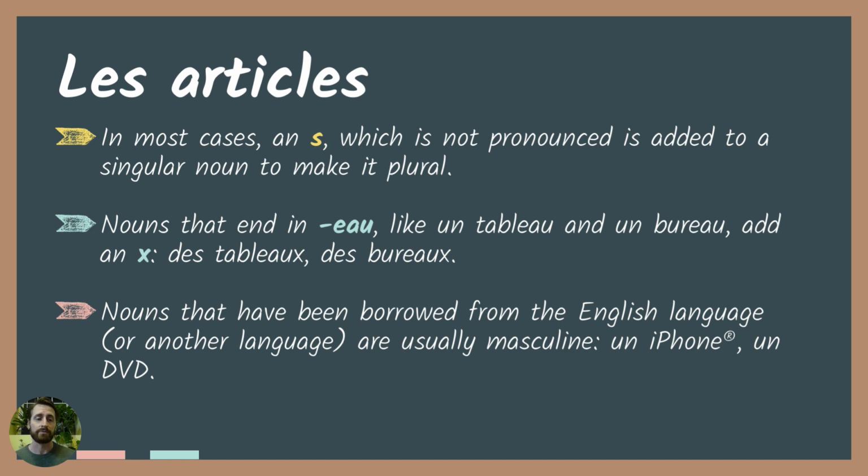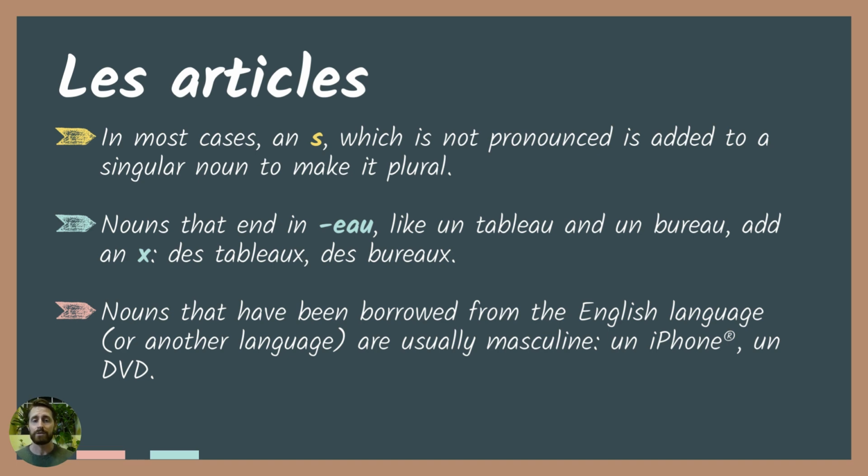So, for example, if we have les étudiants, we know that that's plural because we have les étudiants rather than l'étudiant. So this can be tricky for people learning French because in English we do pronounce those S's, but in French, no.